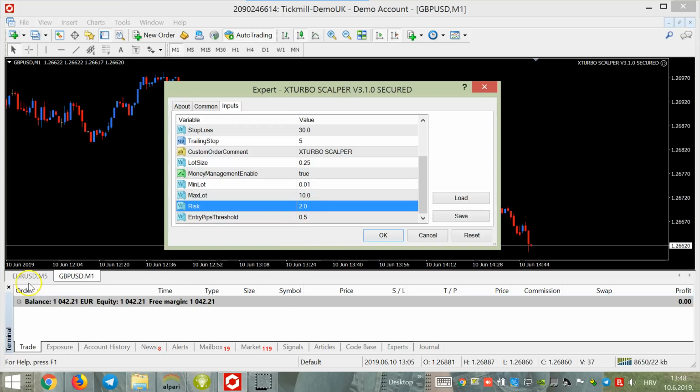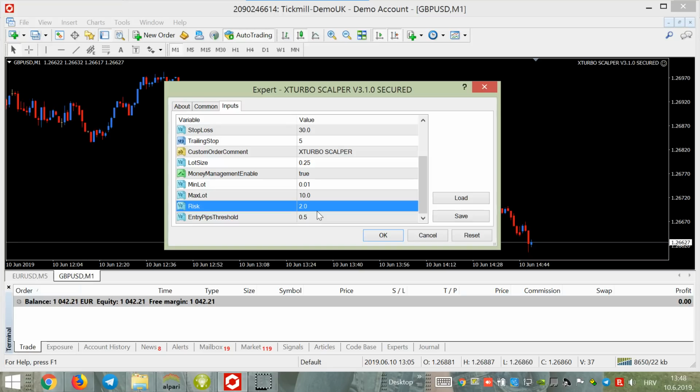But imagine that you have 2 pairs with these settings. If you have 2 trades, you can lose 2 times 2%, so you are risking 4%. Imagine that you have 5 pairs and 5 trades, you risk 10%. So it's all about your risk calculation, how much you want to risk at the same time.